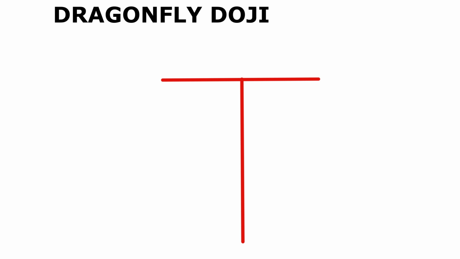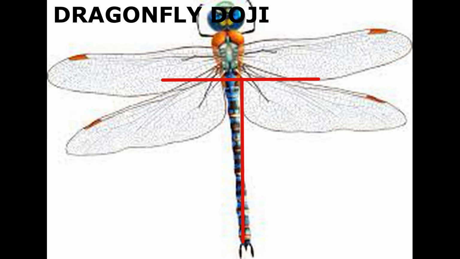A dragonfly doji is so named because its shape is similar to that of a dragonfly. It can be found at the bottom of a downtrending market and is characterized by a long lower wick.